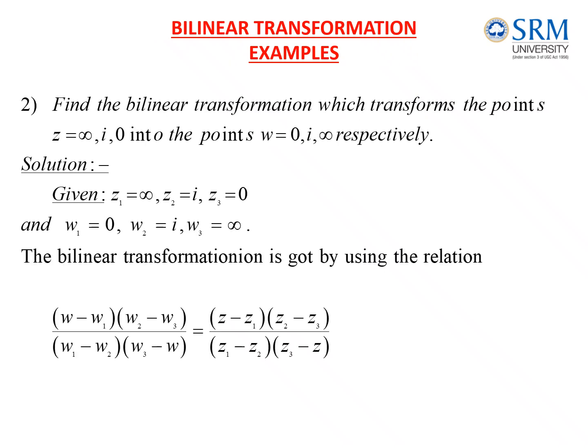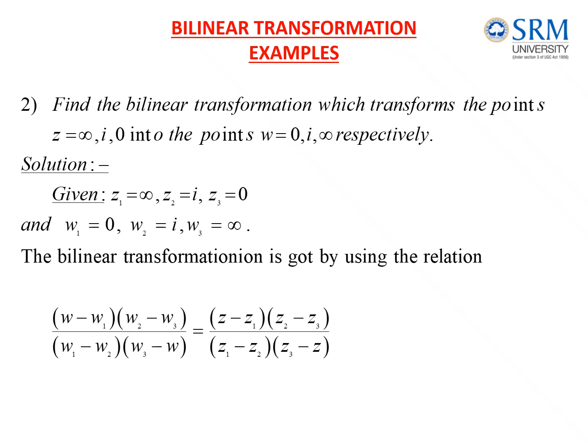Next is an example. If infinity is one of the points in Z or W, or both, how do we find the bilinear transformation? If any point is given as infinity, first we need to simplify the cross ratio formula and get rid of that point from the cross ratio.